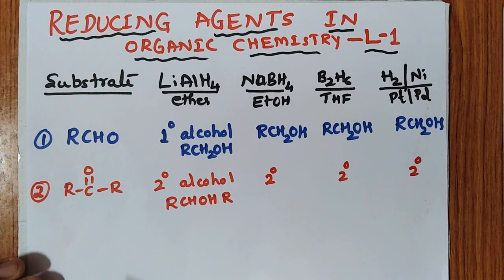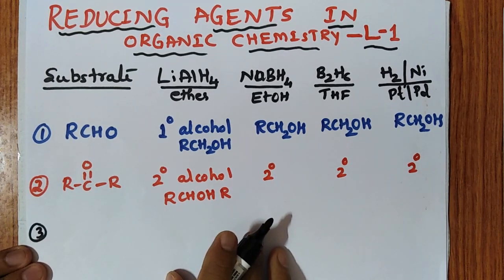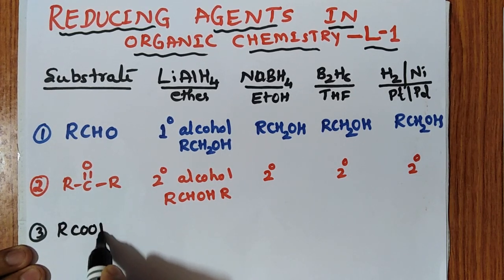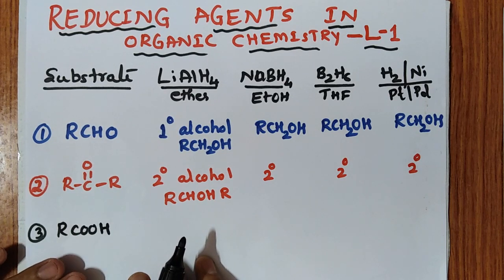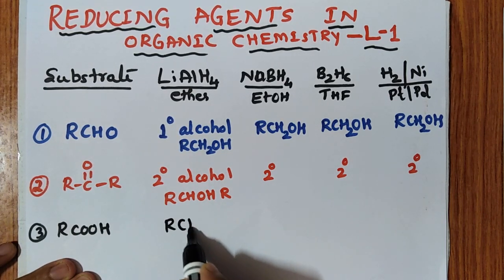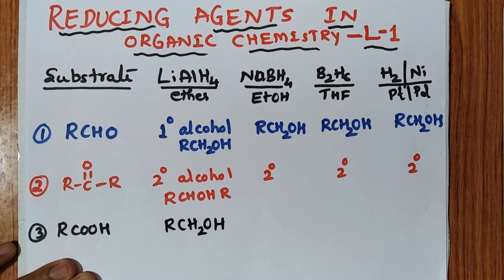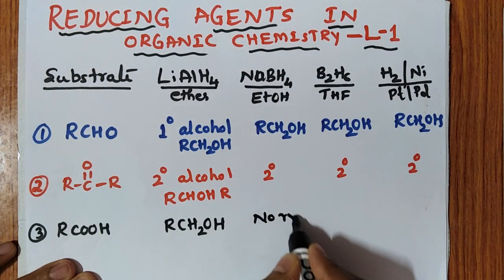Then we consider the third important one, that is acid. I will consider RCOOH. If you consider RCOOH, what will happen? In this case, remember, RCH2OH is going to form, primary alcohol is going to form. But very important, remember, here there is no reaction.